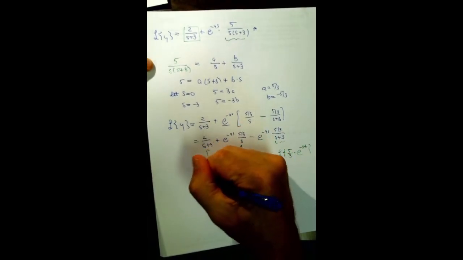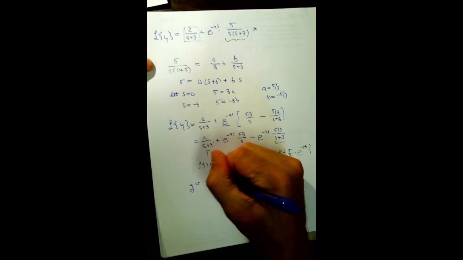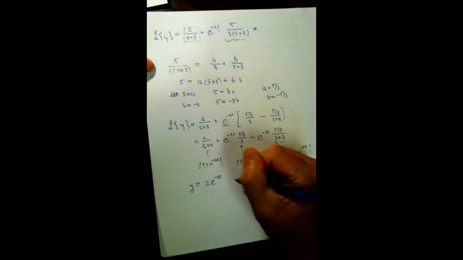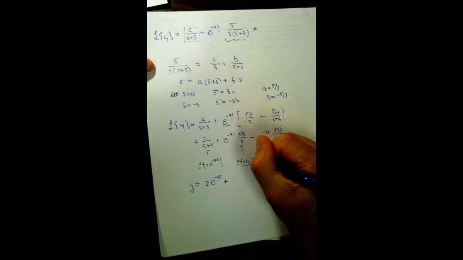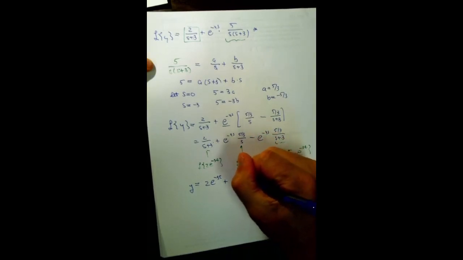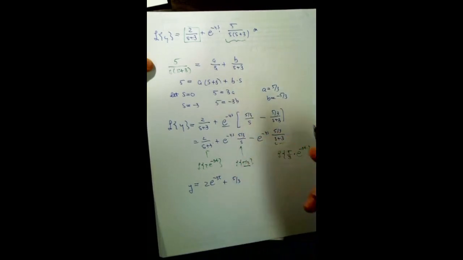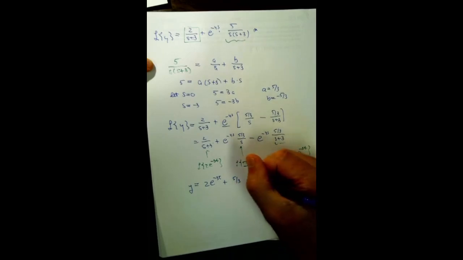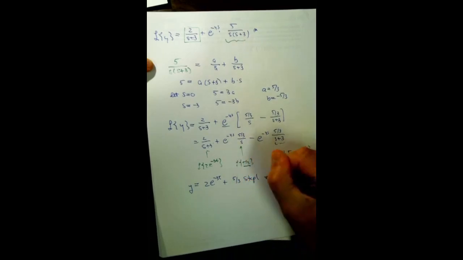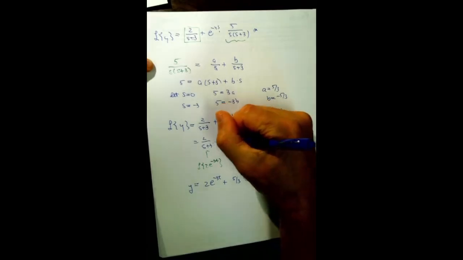So my y, this is going to be 2e to the minus 3t. Now I'm going to have my 5/3 evaluated at t minus 4, but there's no t there, so I just leave it alone, times a step function at t minus 4, and that comes from this expression.